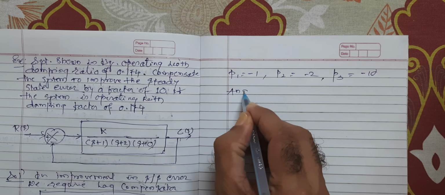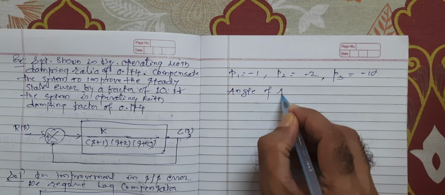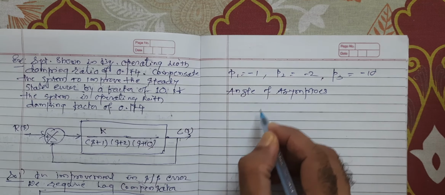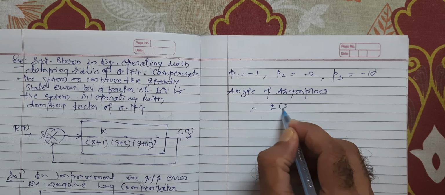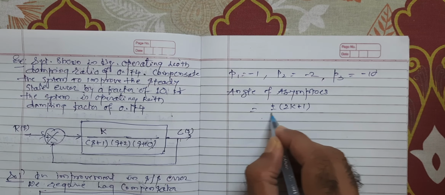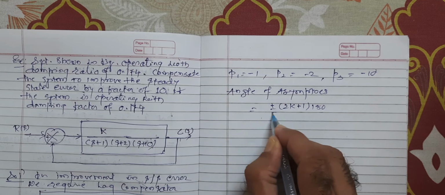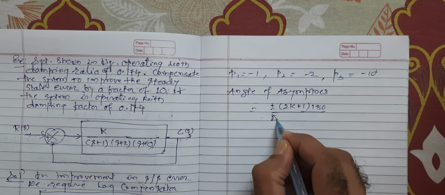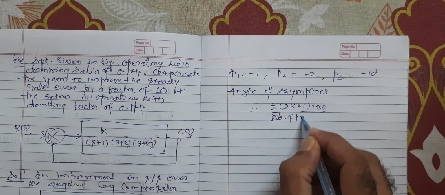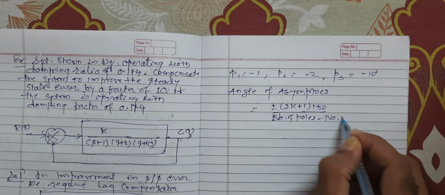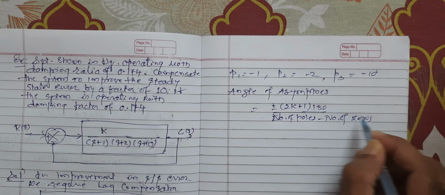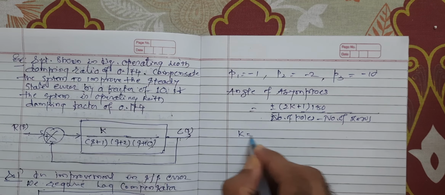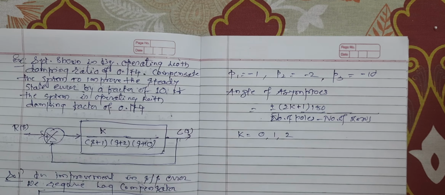Angle of asymptotes, theta, equals plus minus (2k plus 1) into 180 divided by (number of poles minus number of zeros), where k equals 0, 1 and 2.